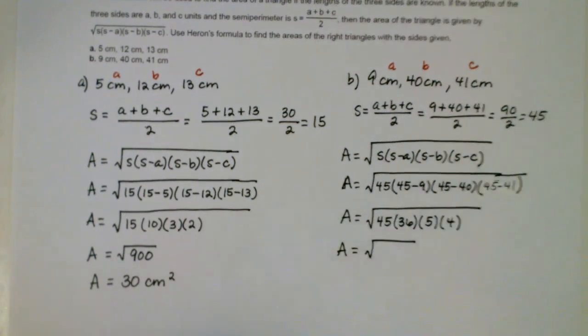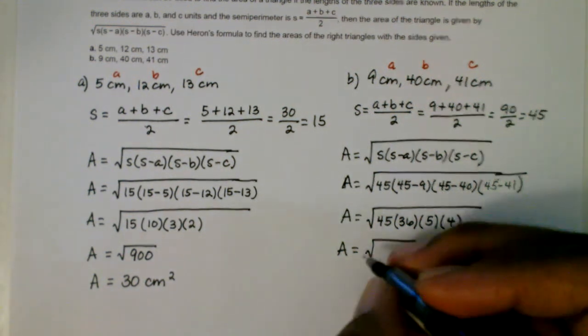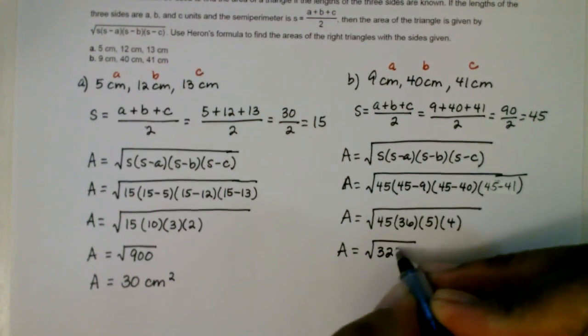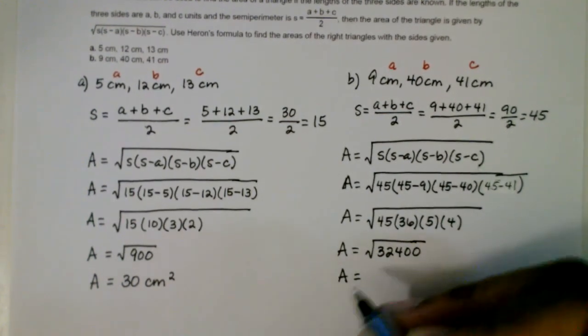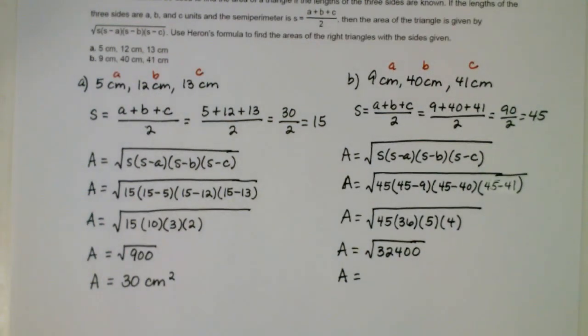So the square root of, I have to do 45 times 36 times 5 times 4. That would give me 32,400. And if I take the square root of 32,400, I would get 180.